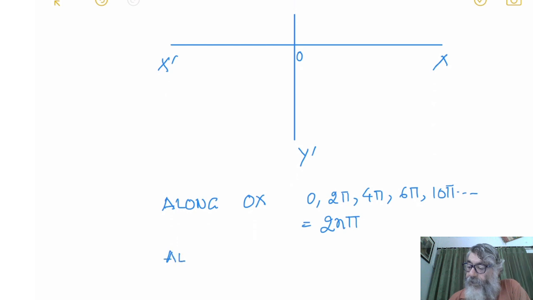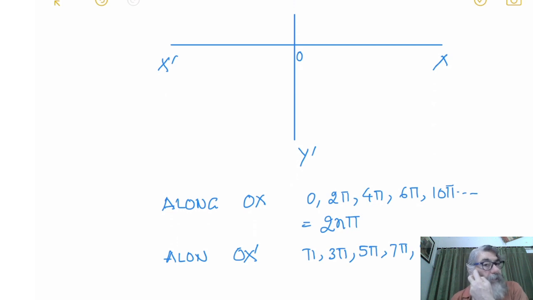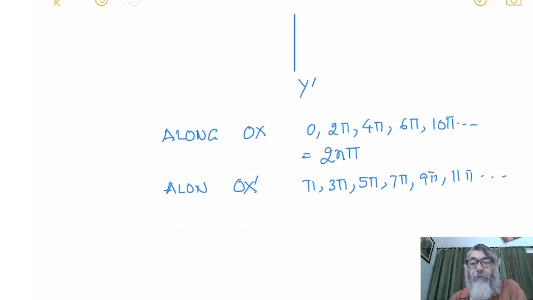Along OX dash, on the reverse side, the opposite side, we get what? Pi, 3 pi, 5 pi, 7 pi, 9 pi, 11 pi, and so on. These are odd multiples of pi. So we write them as 2n plus 1 pi.